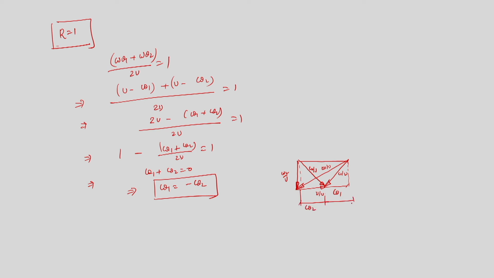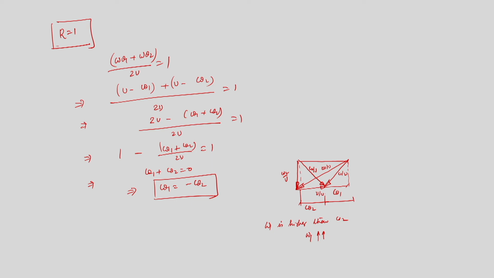So, C theta 2 is equal to minus C theta 1. Note that for this particular case W1 is higher than W2, that is, W1 increases.